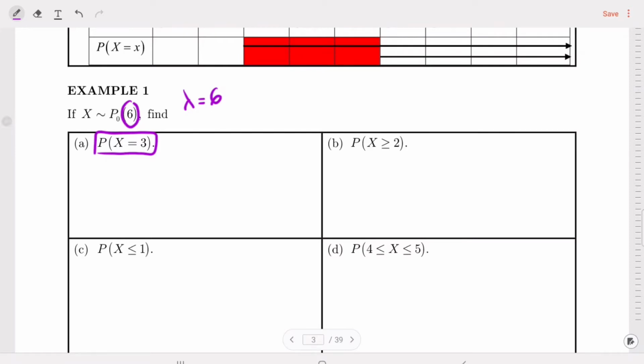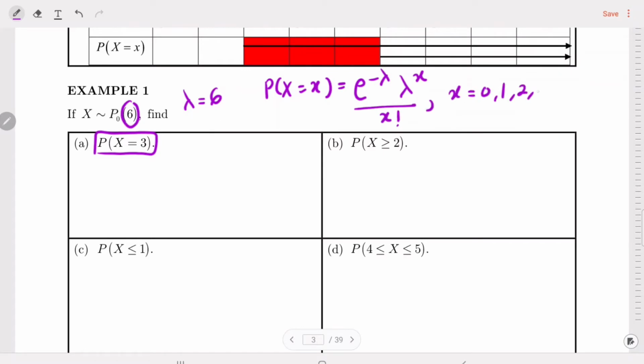The first option is to use the Poisson distribution formula, which is P(X = x) equals e to the power of negative lambda, lambda to the power of x, divided by x factorial, where x starts from 0 and above.